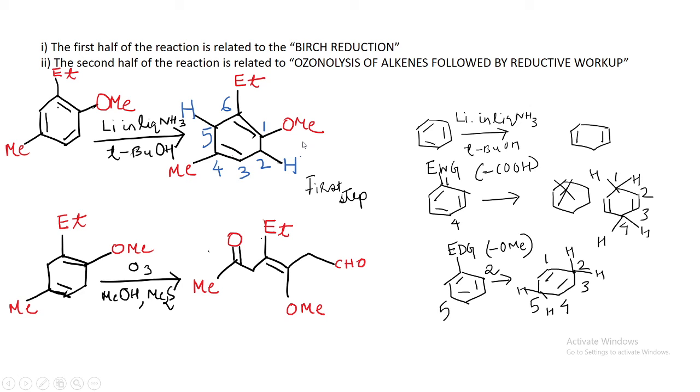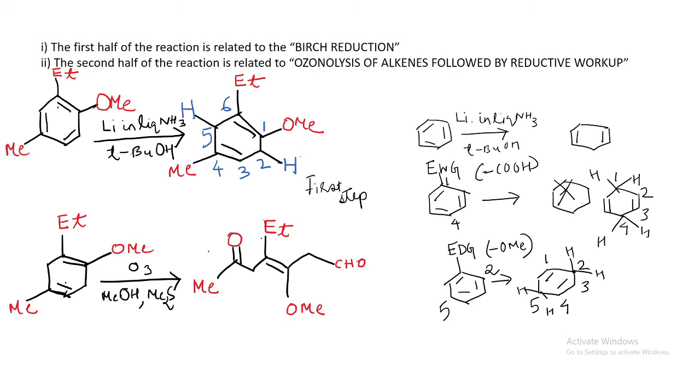This is the product, and now we go to the second step. The product of the first step is the starting material for the second step, and in the second step the reagent used is ozone in presence of methanol and dimethyl sulfide. So in presence of ozone, ozonolysis takes place.